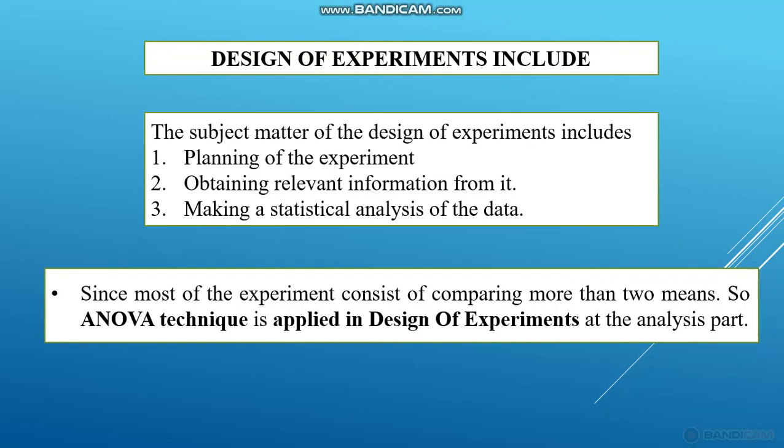Design of experiments includes the subject matter of the design, that is, planning of the experiment. The second one is obtaining relevant information from it, and the third one is making a statistical analysis of the data.